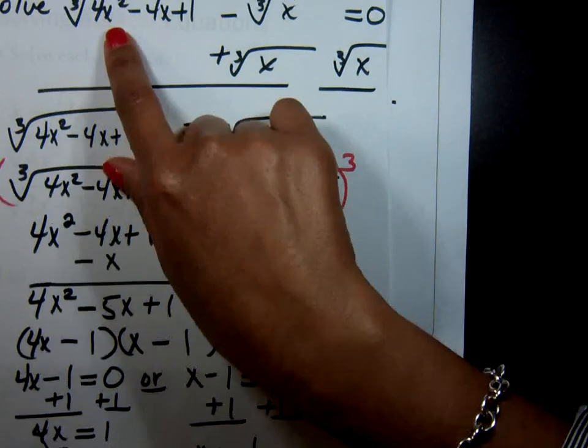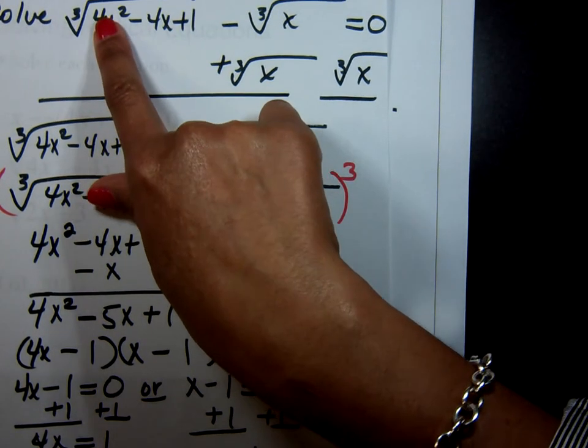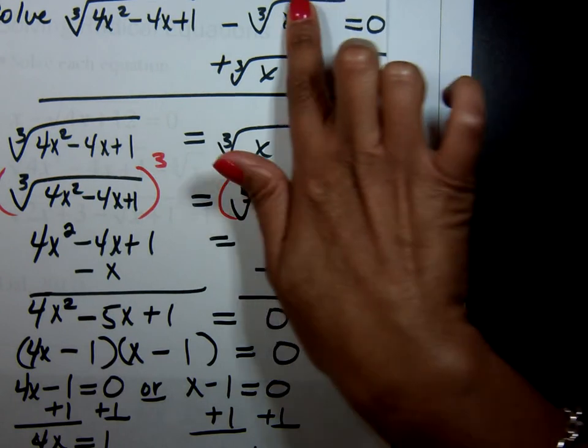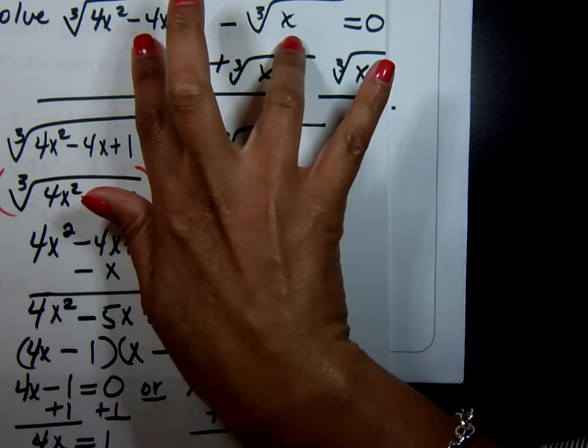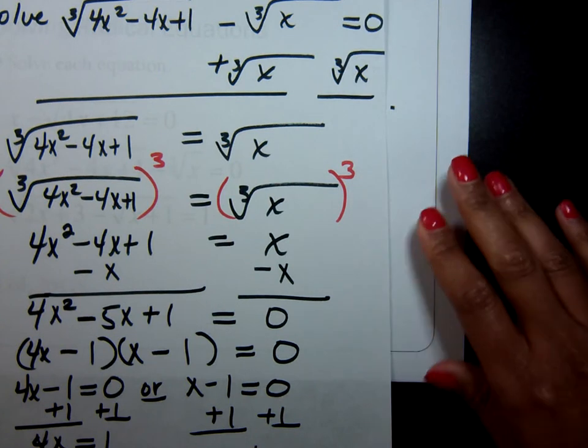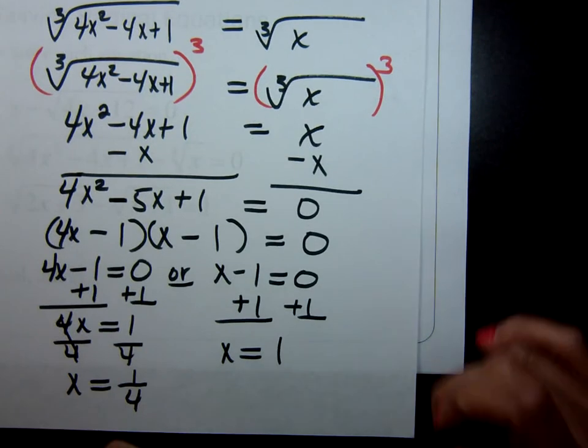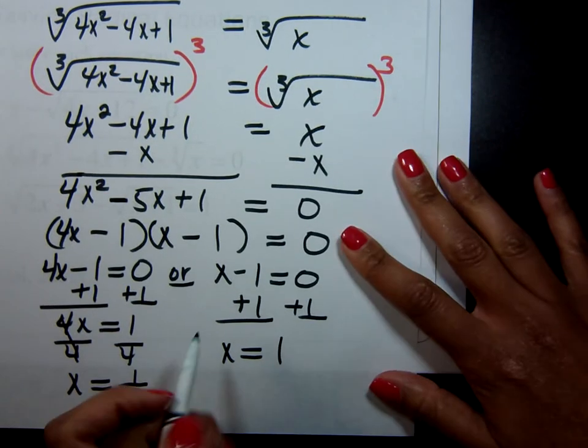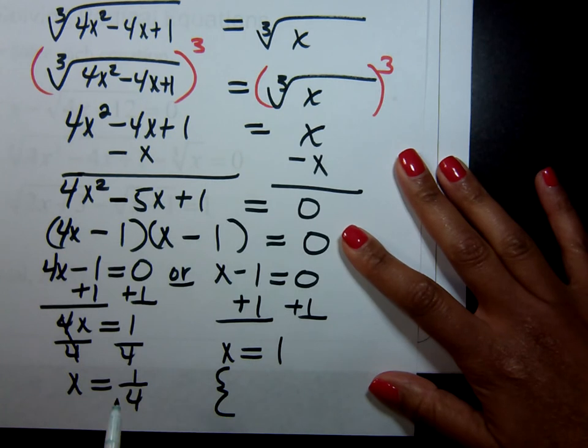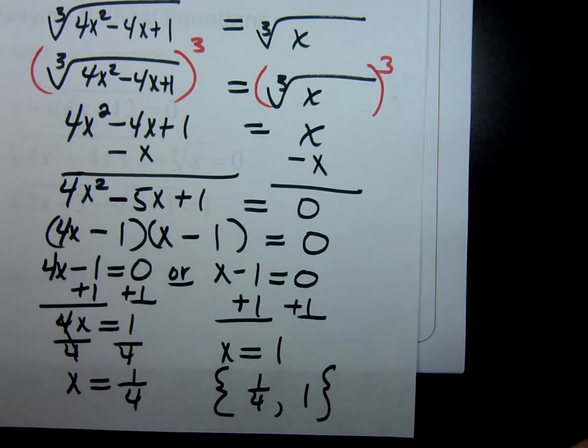Substitute 1, our proposed solution x equals 1, into the original equation, and this left side, when we subtract these two numbers, should be 0. You must check your work. To save a little time, I've already checked, and I know that 1/4 and 1 are both solutions. I hope this helps you with your homework for this particular section.